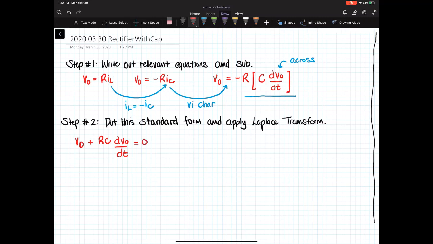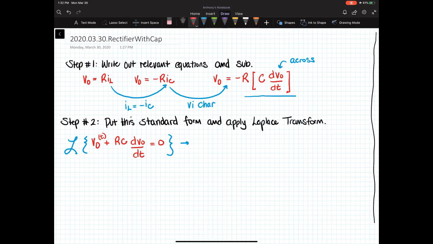Now we can apply our Laplace to both sides. And what that will give us is, so this was originally really VO of t.